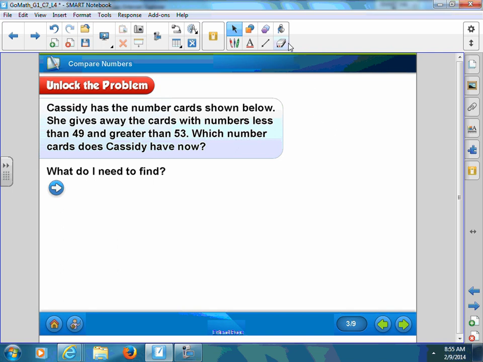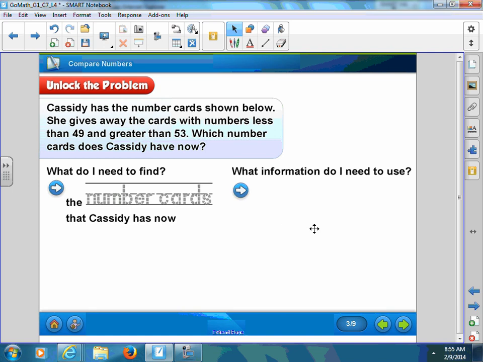What do we know? We know that Cassidy has number cards. We know that she gives away cards that are less than 49 and greater than 53. We need to find out the number cards that Cassidy has now.